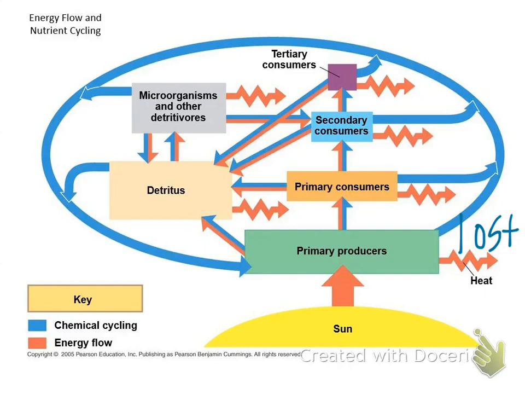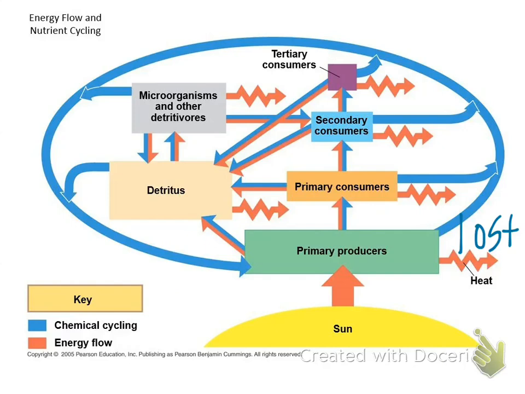Because there's always energy from the sun. The sun keeps on burning, so we keep on having energy. Unless the sun goes out, and we're praying that doesn't happen, right? So energy is not created or destroyed, but it is lost as heat.